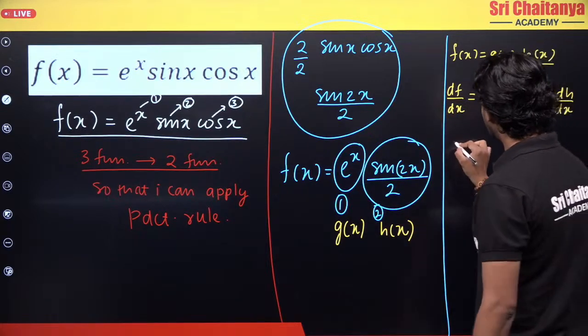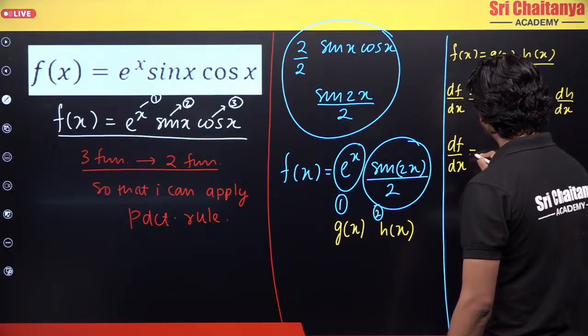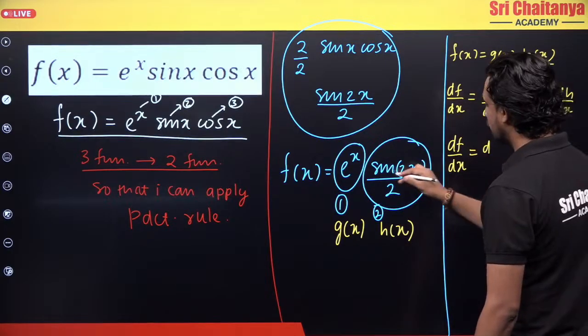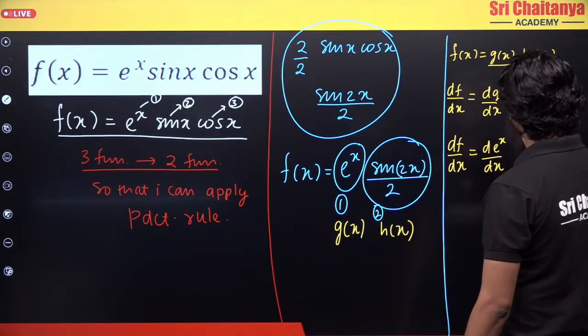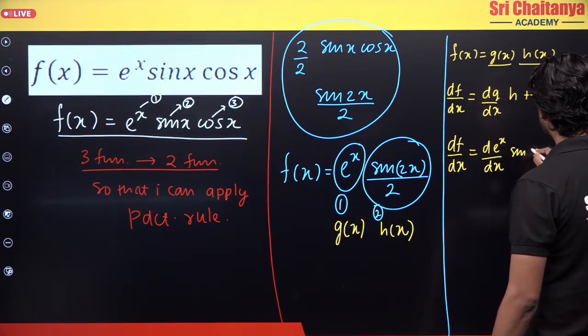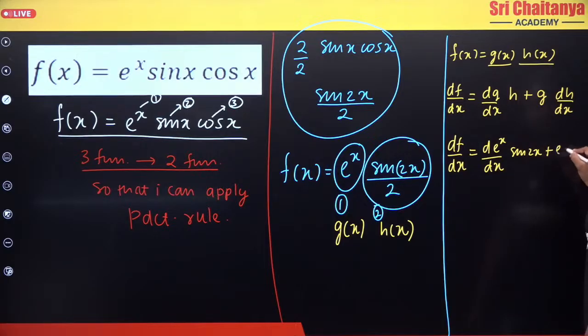So now we will do the same thing here. The differentiation of f(x) with respect to x is equal to: I will differentiate my first function. What is my first function? e^x with respect to x, and I will keep my second function as it is, that is sin 2x, plus now I will keep my first function as it is and I will differentiate my second function.